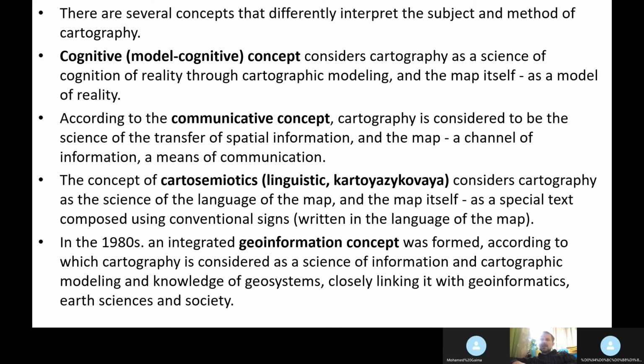In the 1980s, an integrated information concept was formed. According to this concept, cartography is considered as a science of information and cartography modeling and knowledge of geosystems, closely linking it with geoinformatics, earth sciences, and other spatial data techniques.